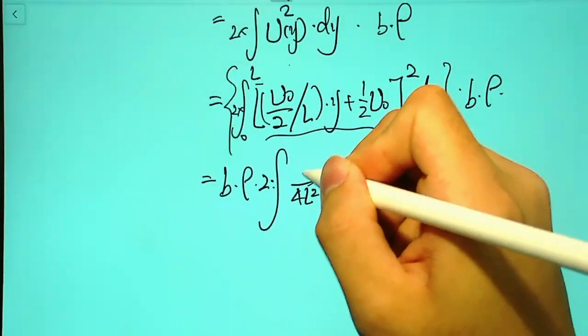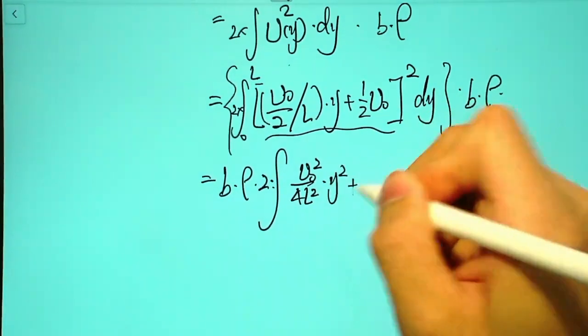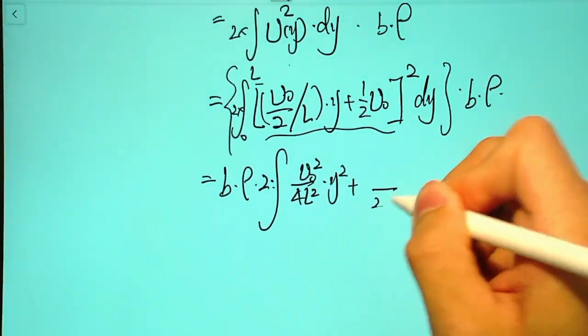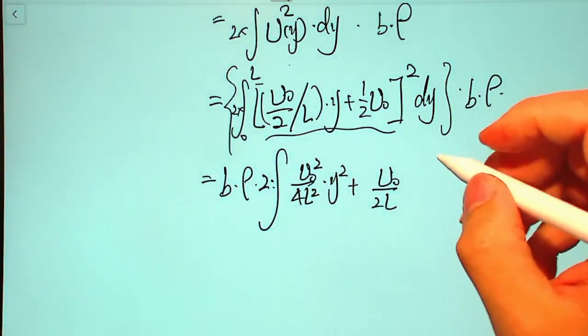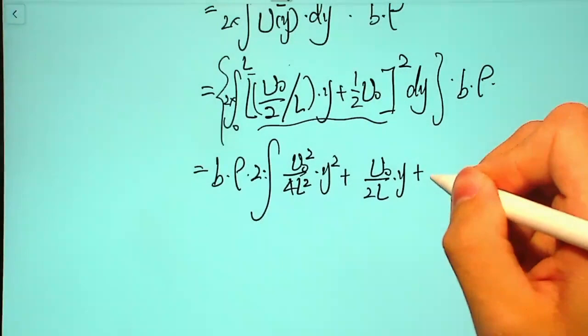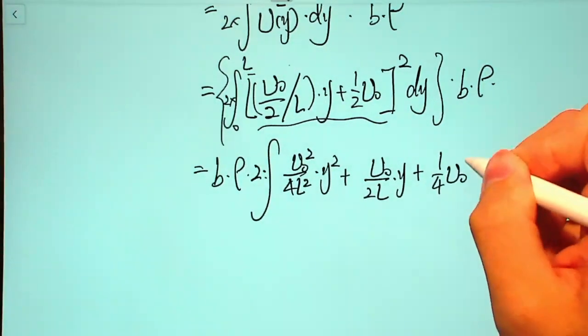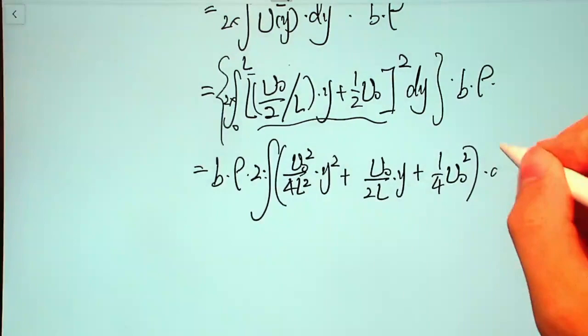So here we have 2 times 2 times, we expand this, will be U0 squared over 4L squared times y squared plus half U0 over L times y plus quarter of U0 squared, times dy.